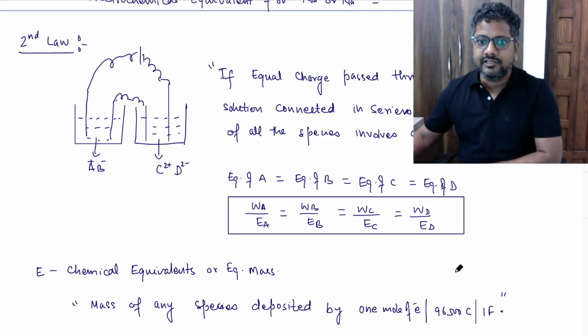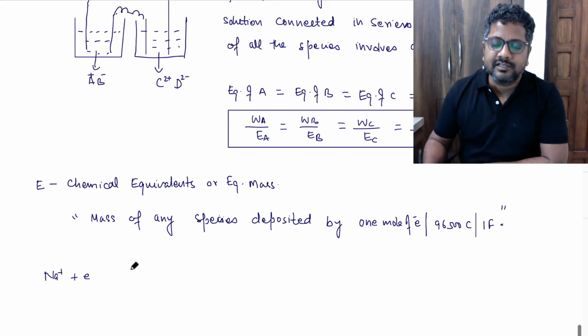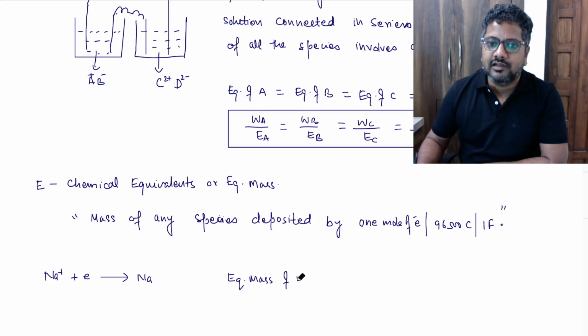So if you see the difference, suppose I am taking Na plus. Na plus plus an electron will give you Na. So what is the equivalent mass of sodium or sodium ion? It is equal to the chemical equivalence.